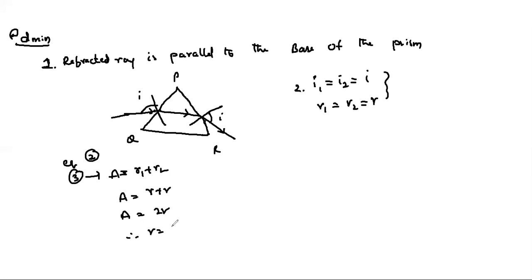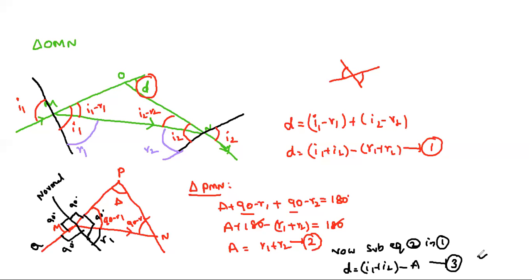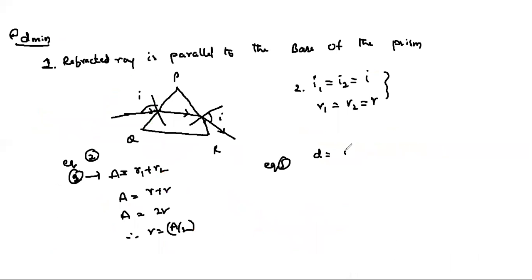Therefore R can be written as A by 2. This is equation 2, not equation 3. And equation 3 is D is equal to I1 plus I2 minus A.